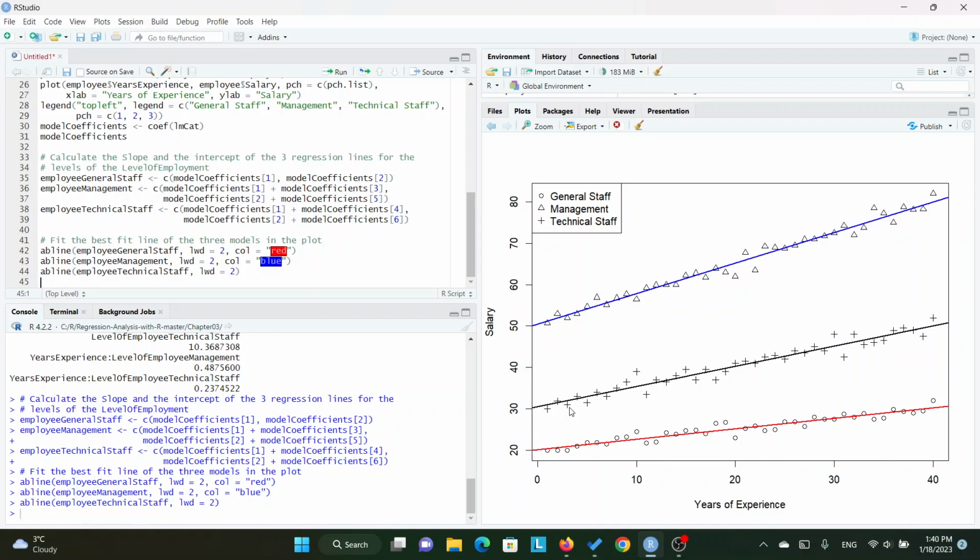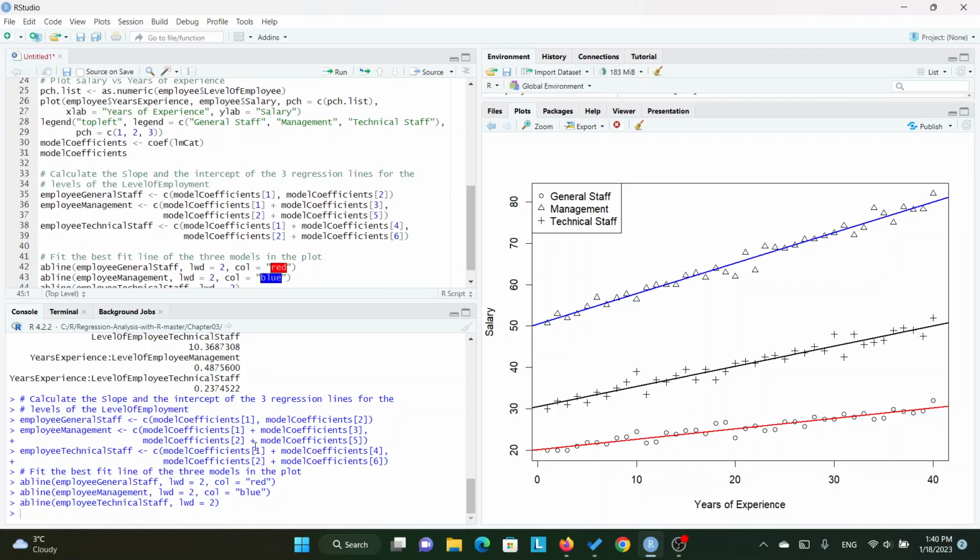The data points follow the best fit line very closely. So that means that for all three models, for all three employee levels, the linear regression model that we created is a very good representation of our data.